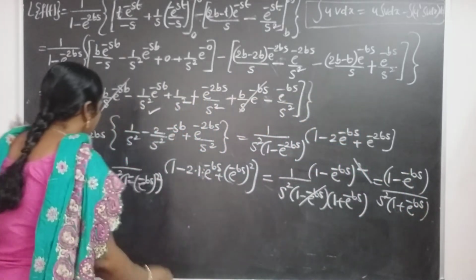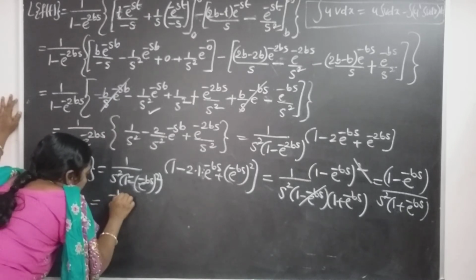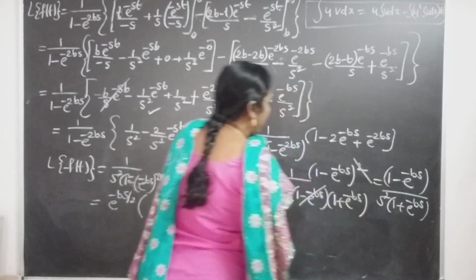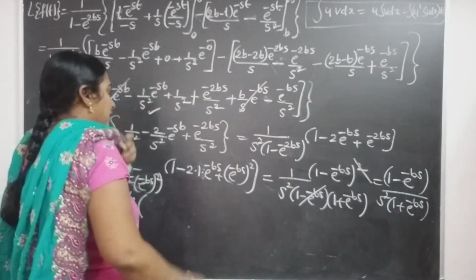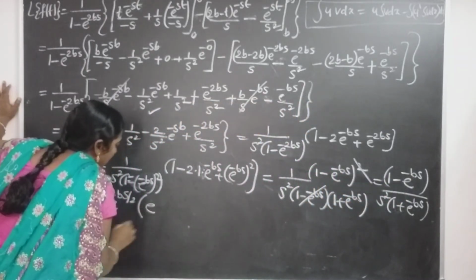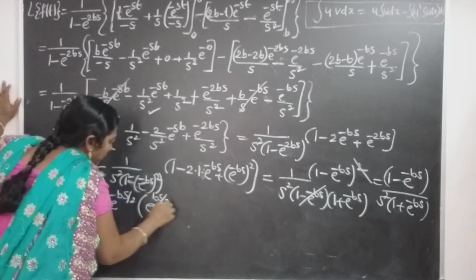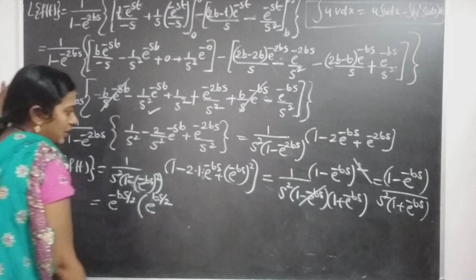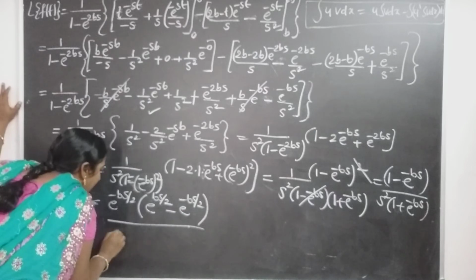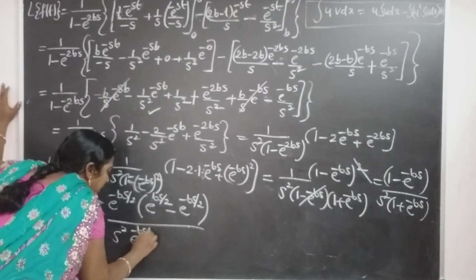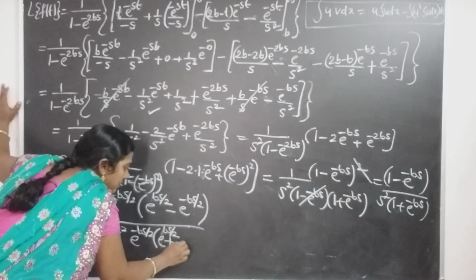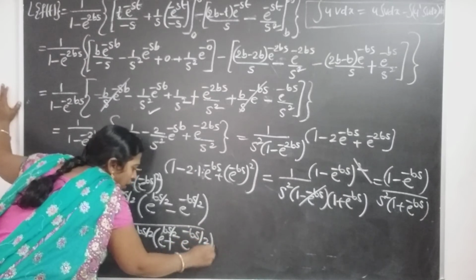In the numerator and the denominator, taking common e power minus bs by 2: multiplying with e power minus bs by 2 taken outside means it will come in the denominator, that is taken to the numerator, it is e power bs by 2. Multiplying these two, we get 1 minus e power minus bs by 2 by s square into e power minus bs by 2 into e power bs by 2 plus e power minus bs by 2.